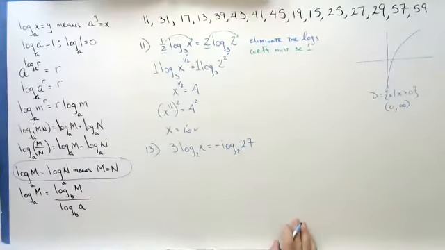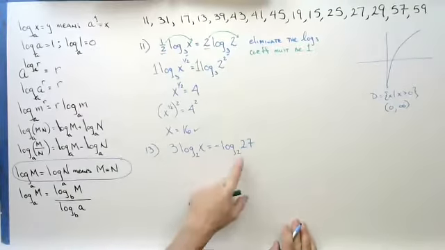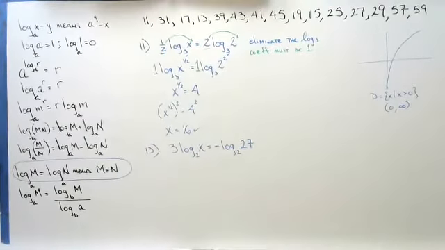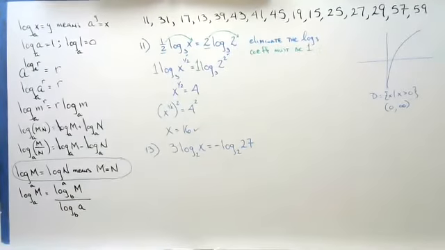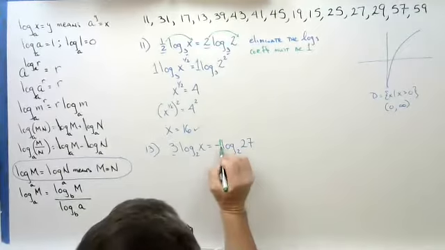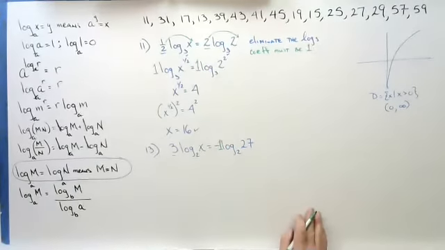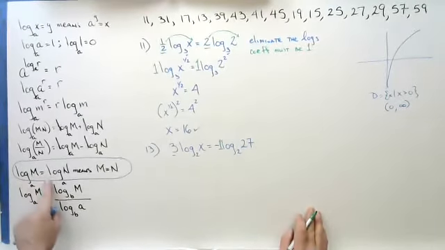All right, once again, we have a log equal to a log and the bases match. But we have coefficients. Over here we have a 3. Over here we actually have a negative 1. And we have to get rid of those. You're not allowed to have a negative sign. The property doesn't have a negative sign.